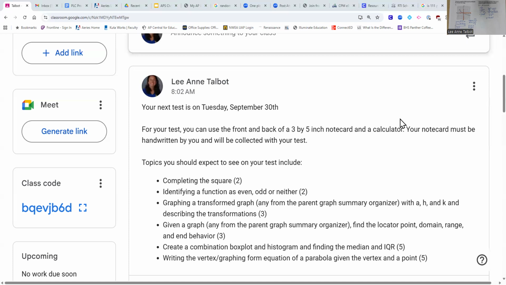Create a combination box plot and histogram, find the median and IQR. This requires you to know how to use the calculator if you're going to do the calculator for that. If you want to find the notes for that, it was the last section we did in chapter 1.